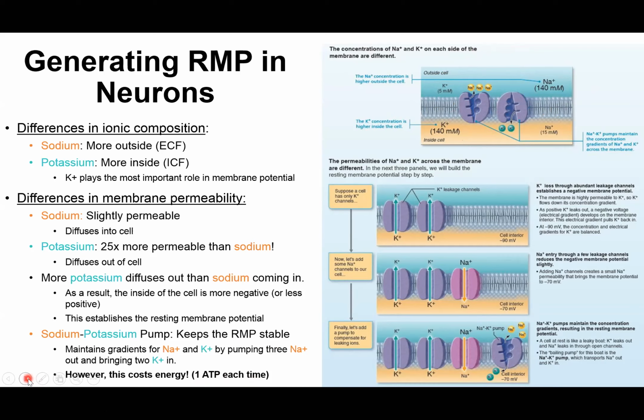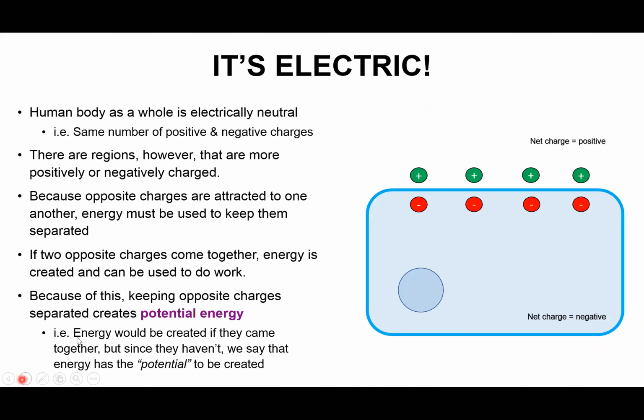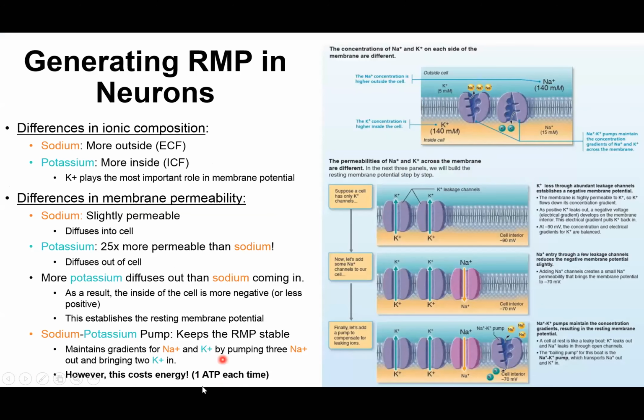And this relates back to our first slide here, how we say that keeping opposite charges, because opposite charges are attracted to one another, you have to use energy to keep them separated. That energy in our case is ATP. ATP is keeping these charges separated, keeping this resting membrane potential at minus 70 millivolts.